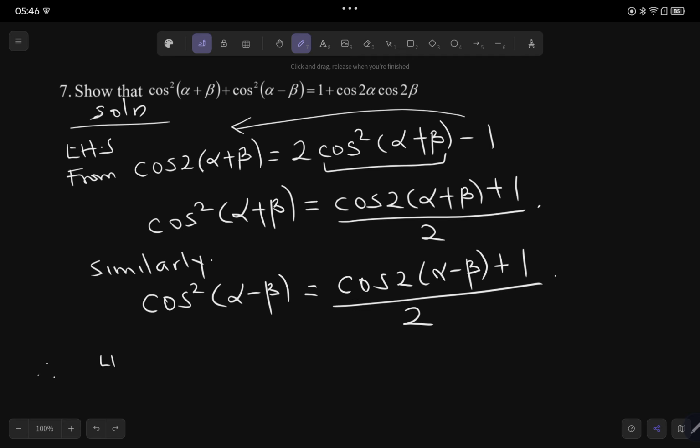Therefore, my left hand side will now simplify to cos of 2 into (alpha plus beta) plus 1 over 2. This one has gone in the place of cos squared (alpha plus beta).